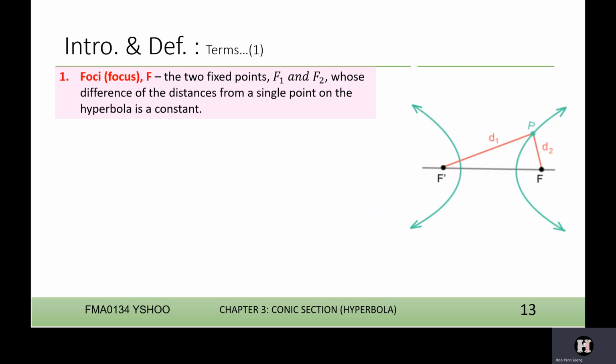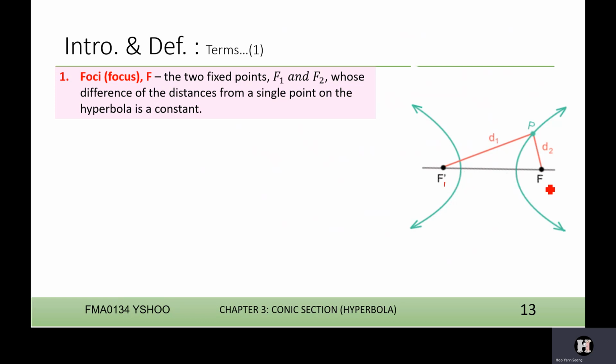Now we're going to learn some of the terms that you need for the hyperbola. The first one we learned just now is the two fixed points, F1 and F2. It doesn't matter whether you name the left-hand side F1 or the right-hand side F1.